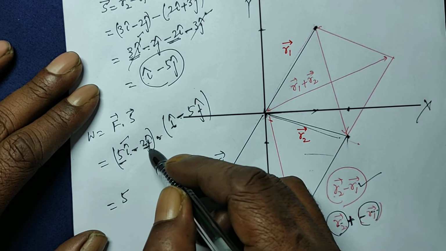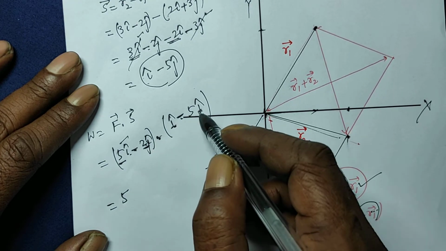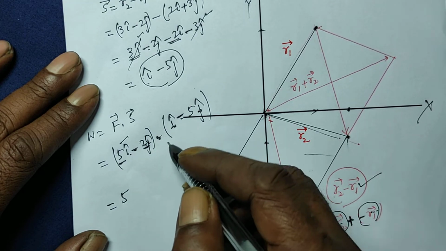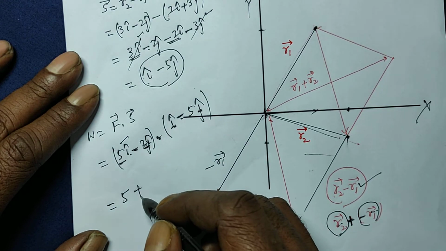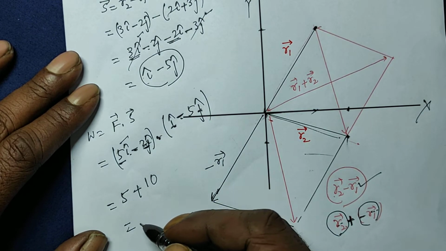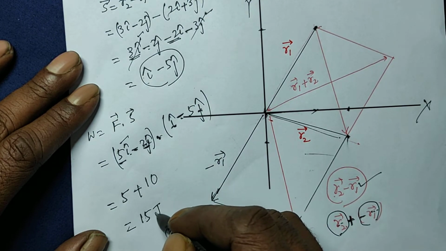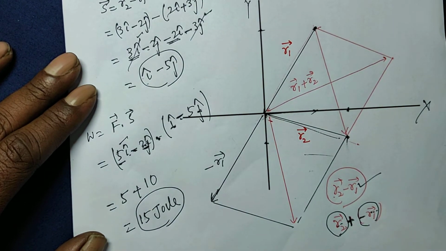Then minus 2j dot minus 5j, j dot j is 1, so this is equal to 10, so the answer is 15 joule.